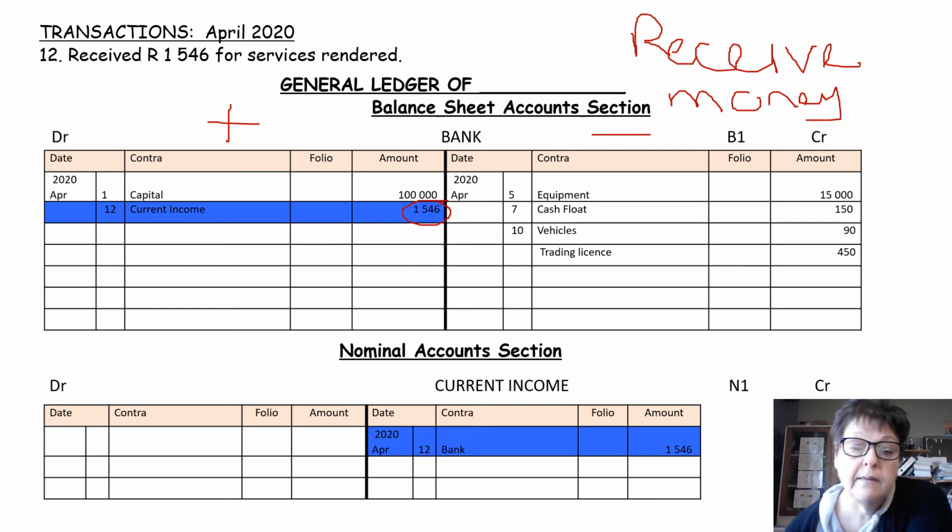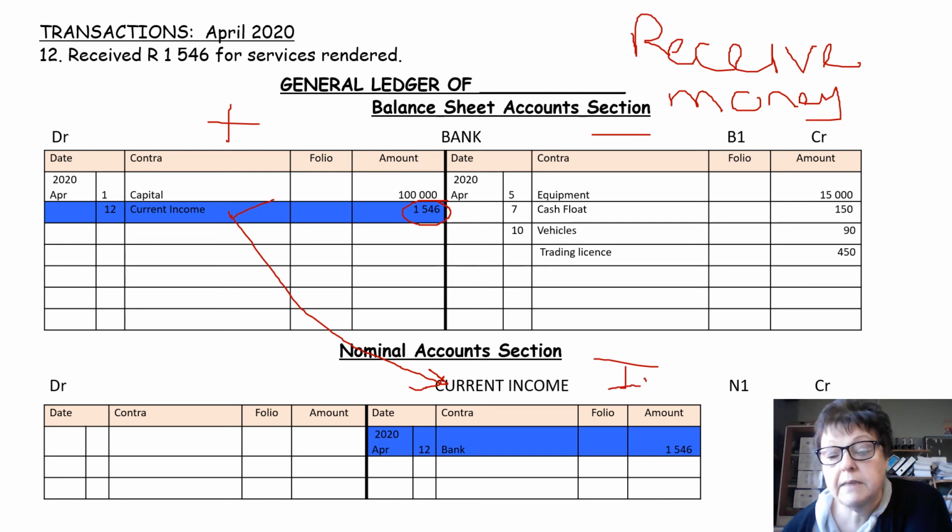Why are we receiving this? For current income. Remember, services rendered is current income. Two accounts needed for the transaction. There's current income inside bank, which shows us that you need to open a current income account. Current income, as the name tells you, is an income.